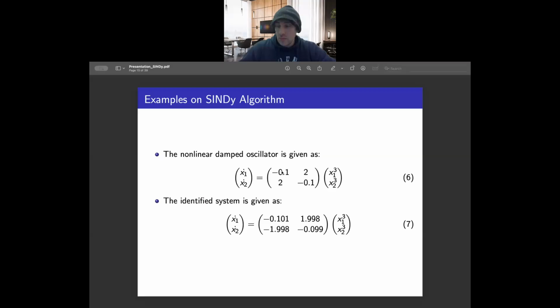So the algorithm was able to capture the dynamics. In this case, because I already knew that the theoretical system is using the polynomial library, I selected the polynomial library with degree less than or equal to 3. That's how I was able to capture this x1 cube and x2 cube.